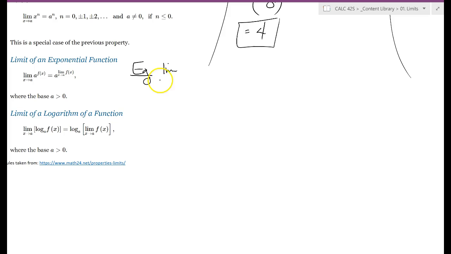So our example today will look at exactly that. If I asked you for the limit as x approaches 0 of e to the x cos x, and I'm wanting to include trig in this, so bear with me here, I want to draw your attention to it as well. Then we can break this apart and we can use our product rule. So the limit as x approaches 0 of e to the x, and the limit as x approaches 0 of cos x.